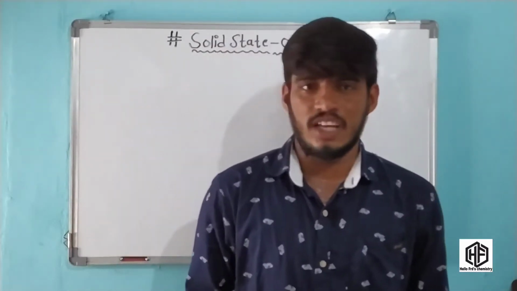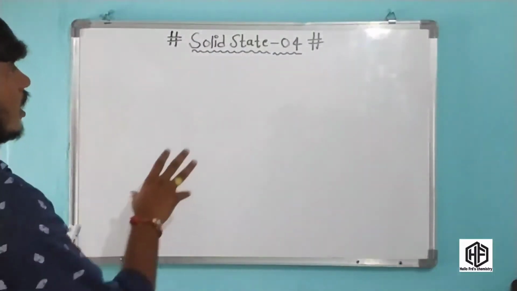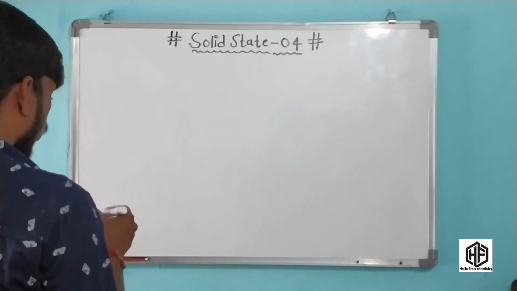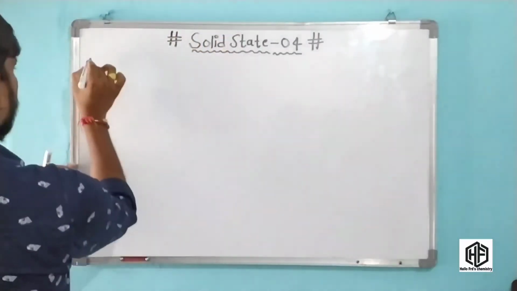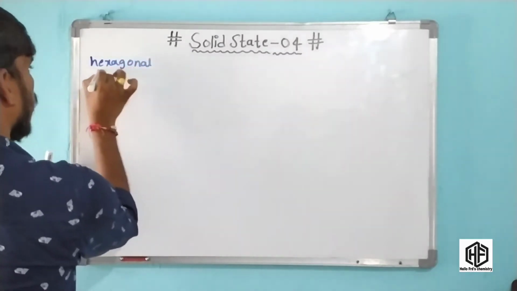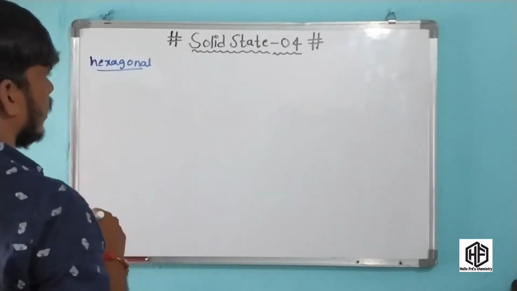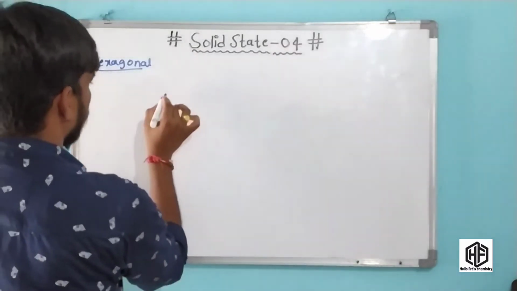Okay friends, now we are going to discuss the rank of the hexagonal unit cell. First of all, I am representing a hexagonal unit cell. Friends, now we have to understand this diagram. This is the representation.